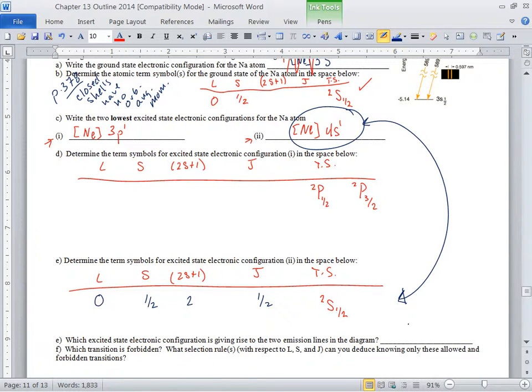If you got those answers, see if you can answer E and F. Anybody have an answer for E?